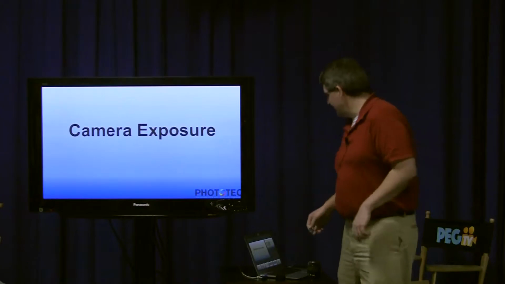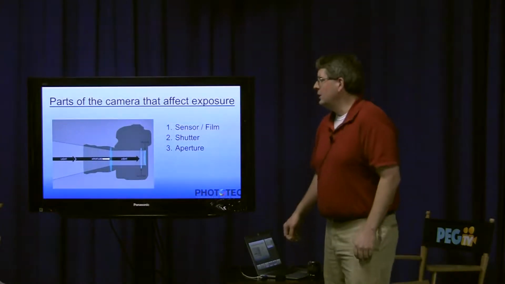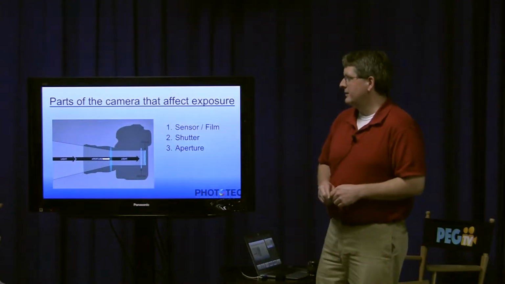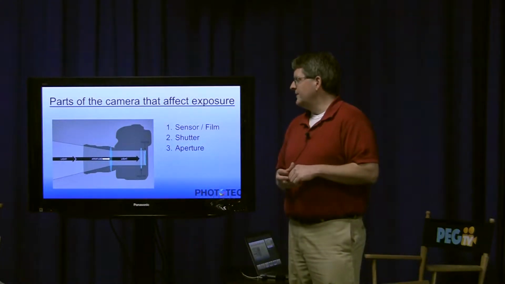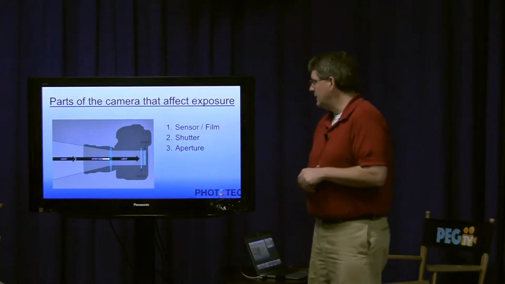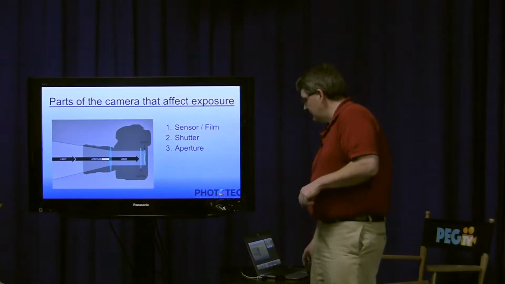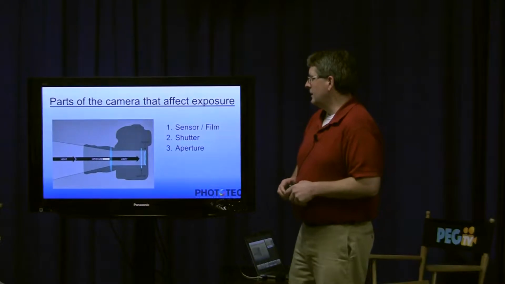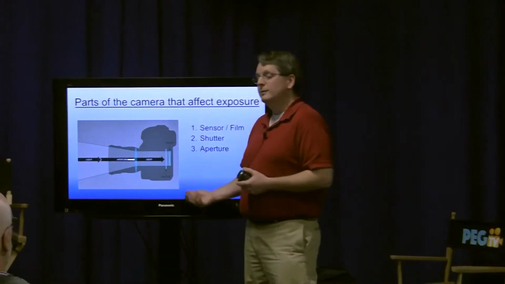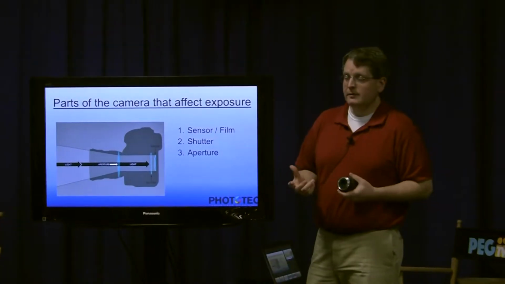To get started, we're normally dealing with different parts of the camera, and the three main parts that you'll see are the sensor or your film.